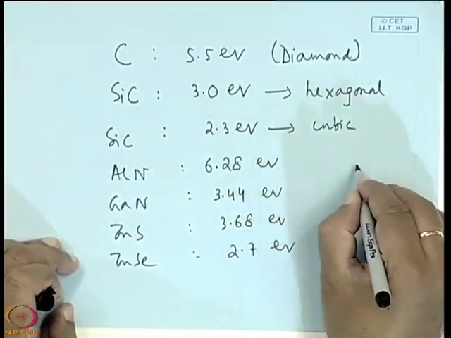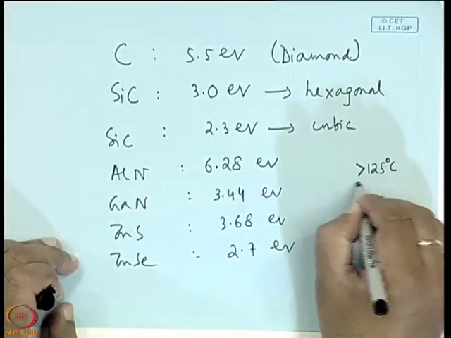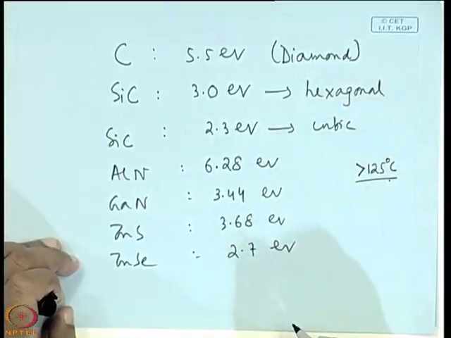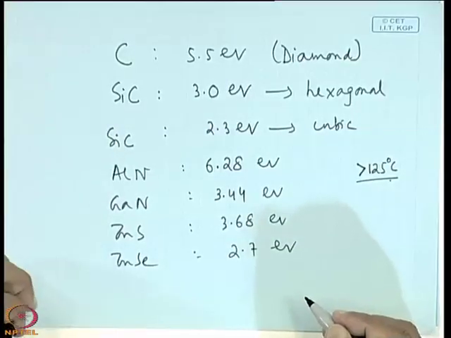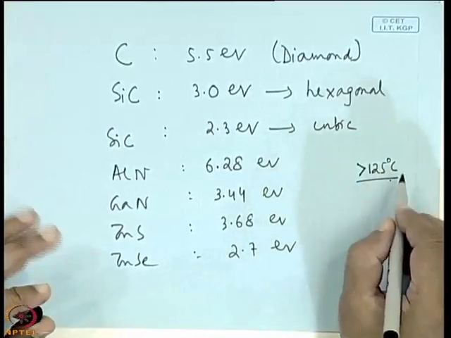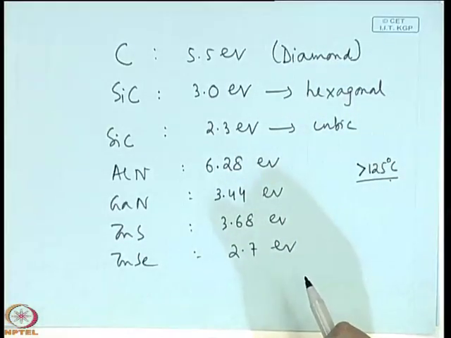Generally, you can use those devices above 125 degree centigrade, and they will consume power, so heat will be there. Heat dissipation will be at a faster rate for wide bandgap semiconductors.